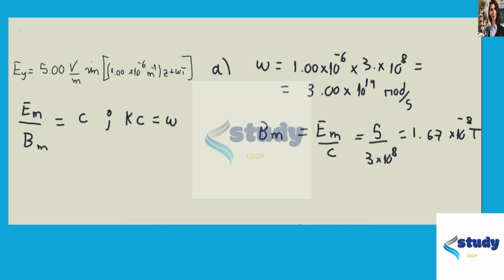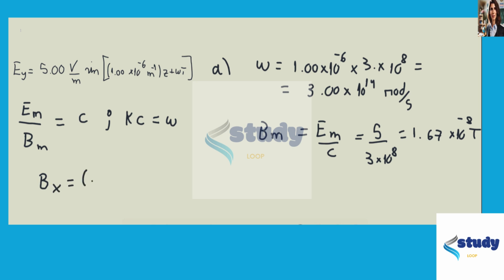Then we can write the component of the magnetic wave. Because it is a sine wave function, we see that the direction of propagation is in minus z because of this term here. And because the electric field has a component in the y direction, the only way the magnetic field can oscillate is in the x direction.